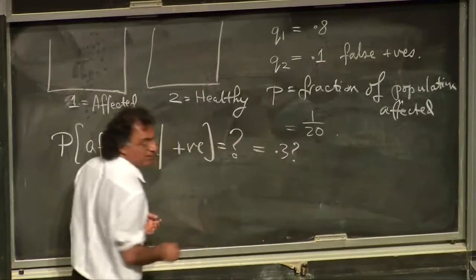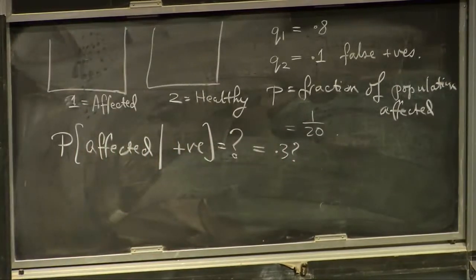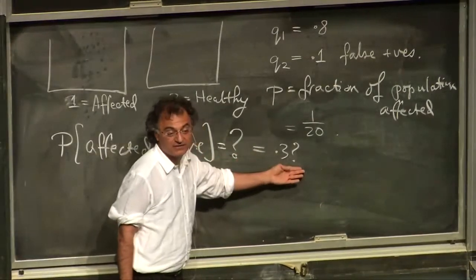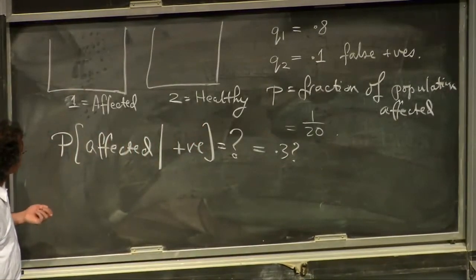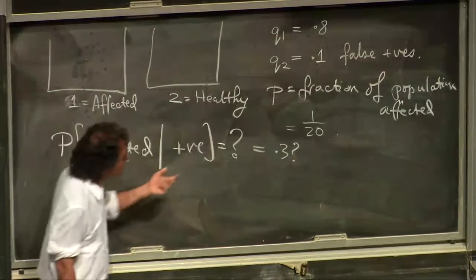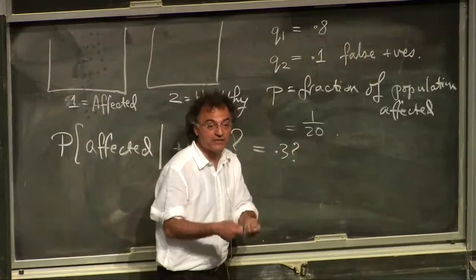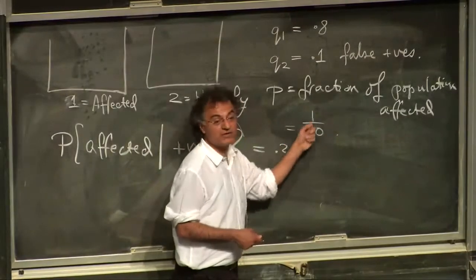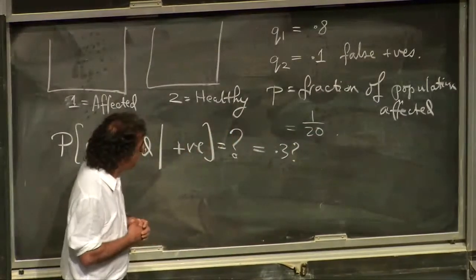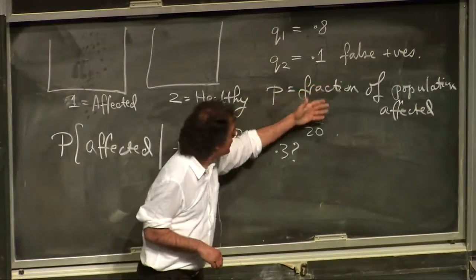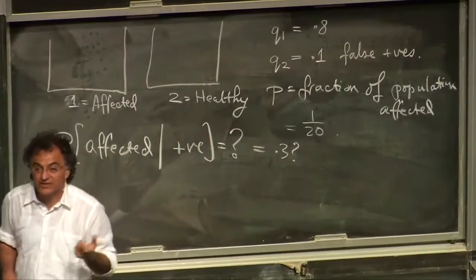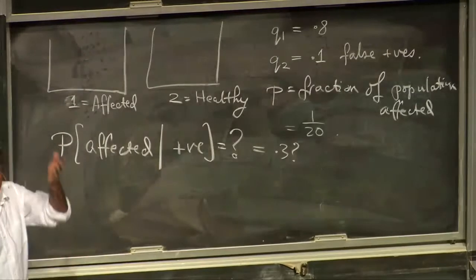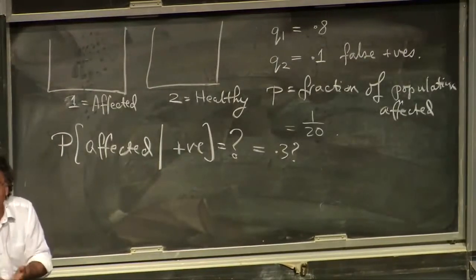Then you can think about it yourself and ask, is this an acceptable answer? You started with knowing that if you were a random person in the population, the chance of being affected was 1 in 20, 0.05, right? And now this test is good enough to increase that from 1 in 20 to 0.3. So if it turns up positive, then the chance of having this condition is now up to 0.3 instead of 0.05. Maybe that's really worth knowing.